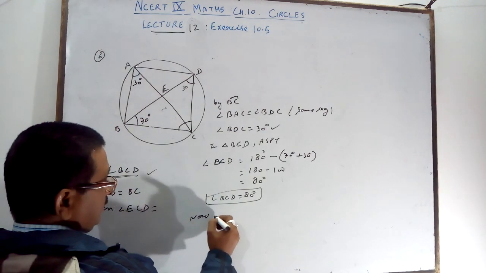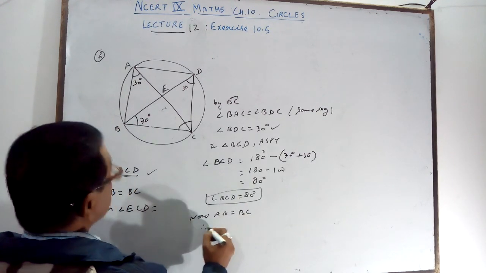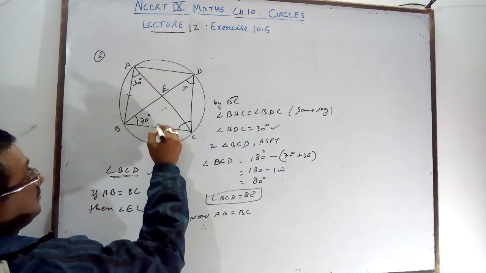Now AB is equal to BC. So this side is equal to this side.